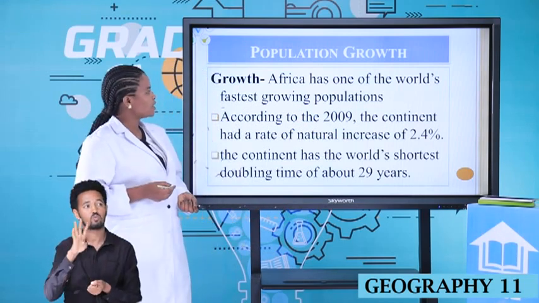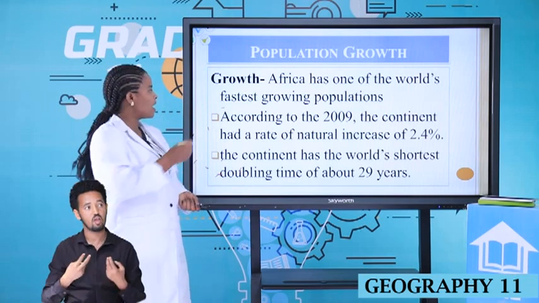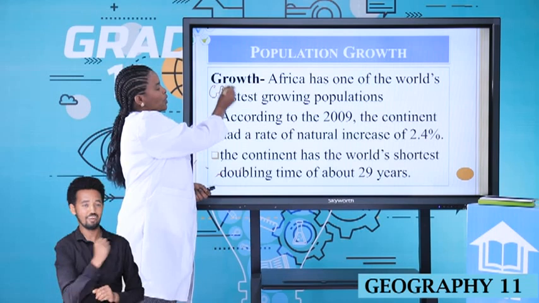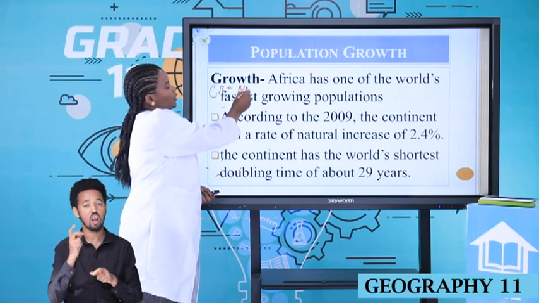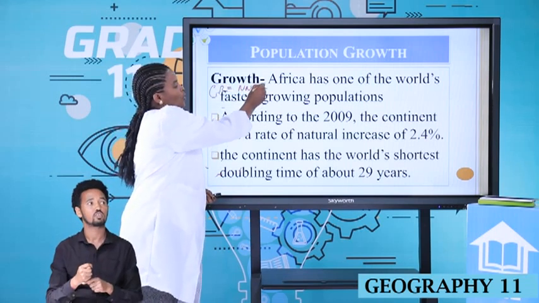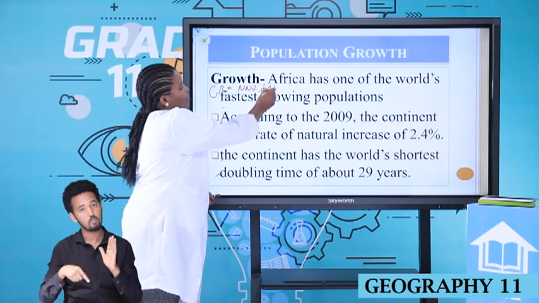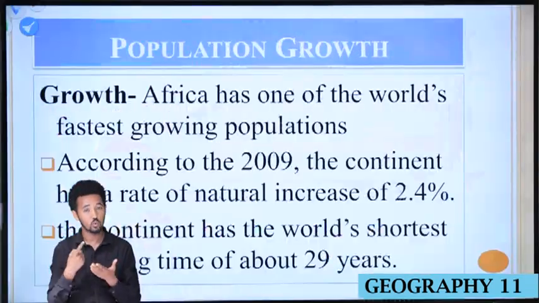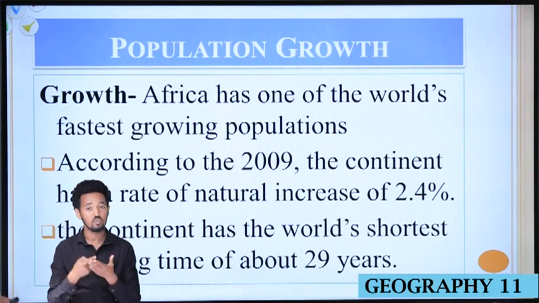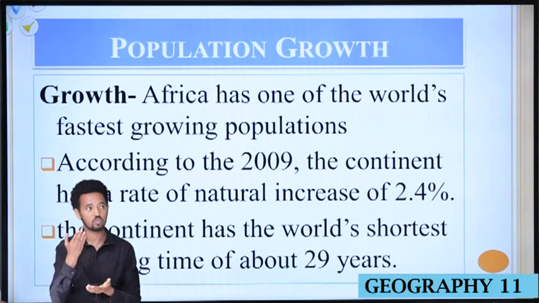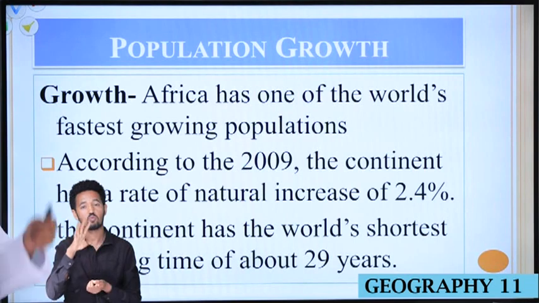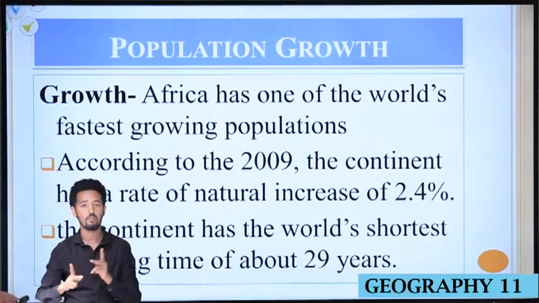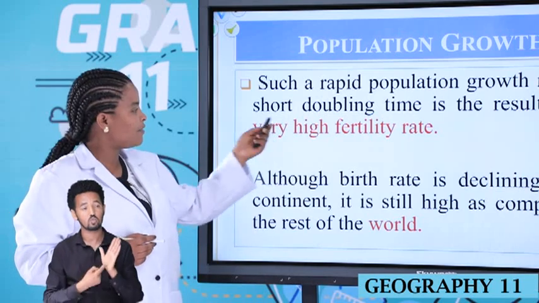To find the growth rate, we have the formula: growth rate is equal to the natural rate of increase plus or minus the net migration rate. So the growth rate of Africa reached 2.4%. This shows that Africa has rapid population growth.